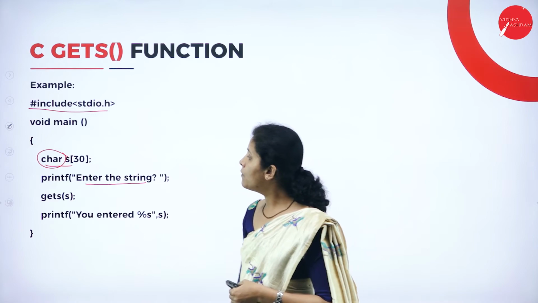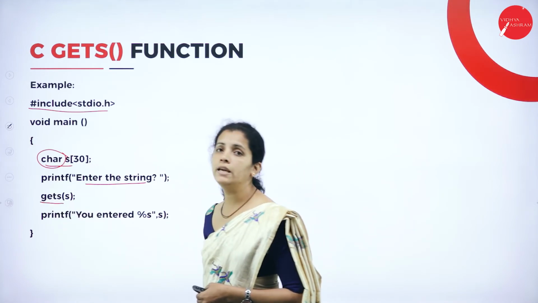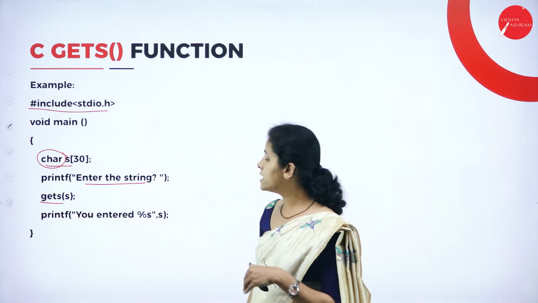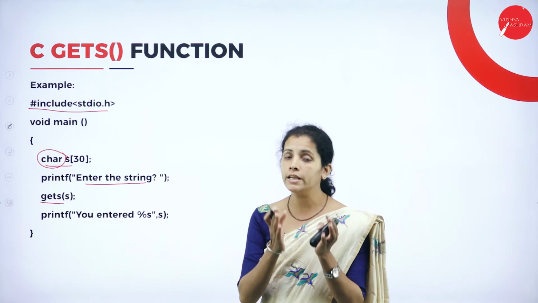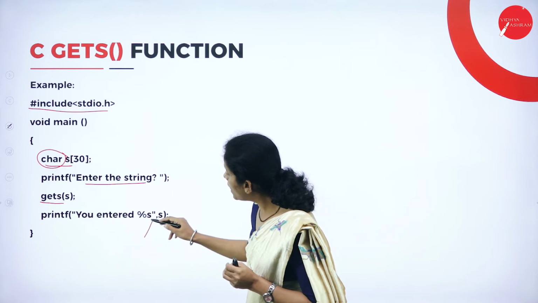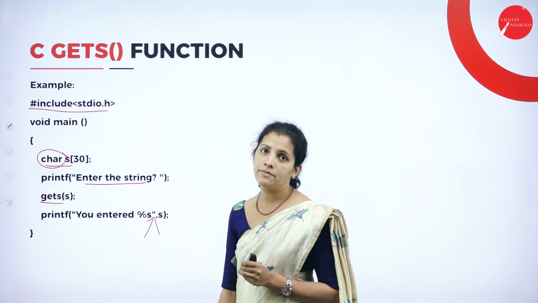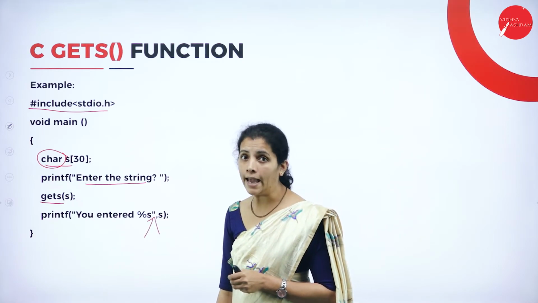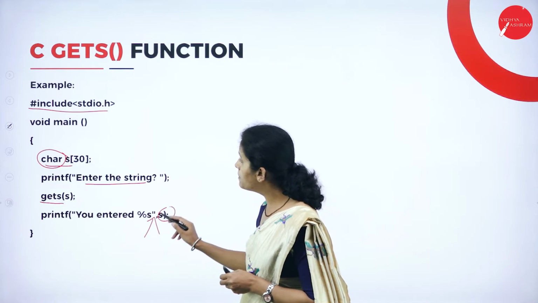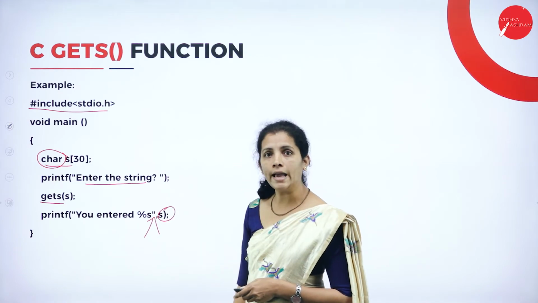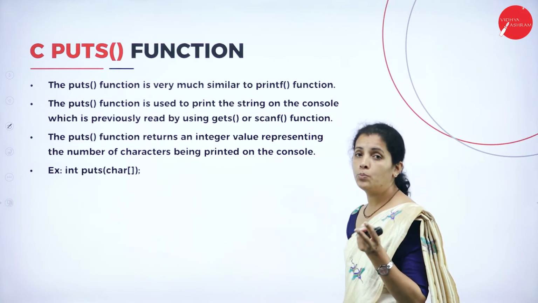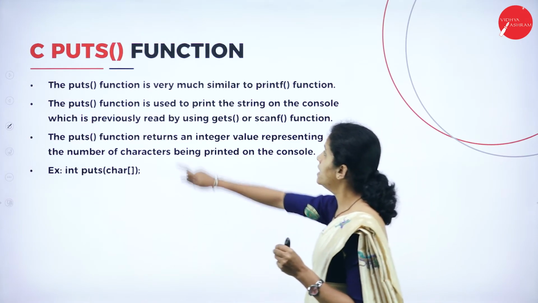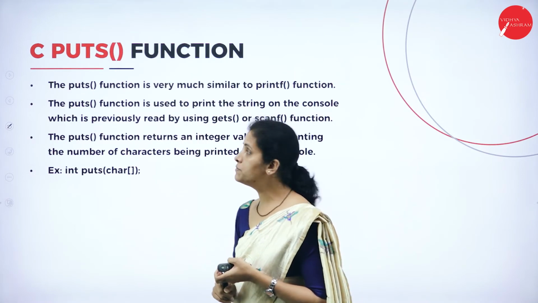Now I'm going to read the string value, and at the same time I'm going to display the string value. So it is a string. For that reason, what is my format specifier? It is %s. And what is my variable name? That is s. Now suppose I want to output the string, then I can make use of the puts function.